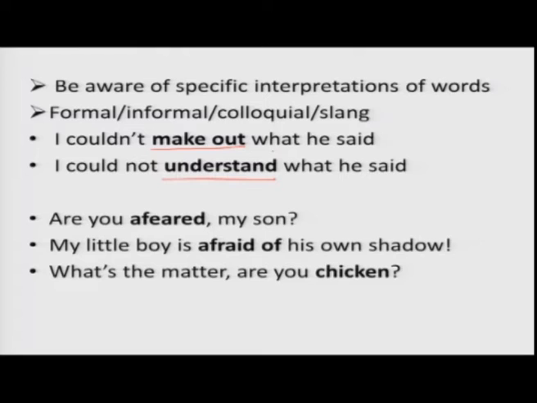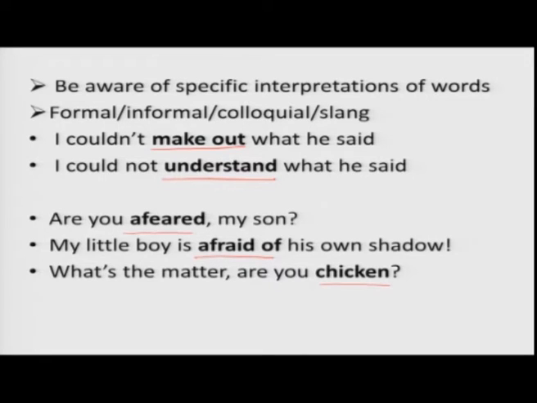Look at the second set. Are you afeared, my son? My little boy is afraid of his own shadow. What's the matter? Are you chicken? So, look at the words here which are in bold. They are again synonyms, but the contexts are very different.